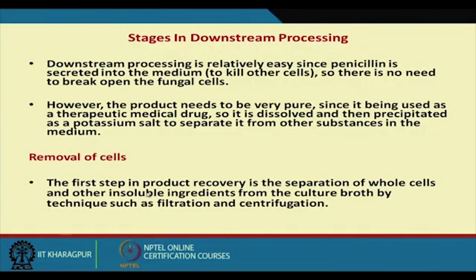The first step is the removal of cells, that is, the separation of the whole cells and other insoluble ingredients from the culture broth. For that we use filtration, the rotary vacuum filter. I already mentioned the rotary vacuum filter. We have a drum, and inside it is embedded a thin muslin cloth, and one knife just touches the surface of the muslin cloth.